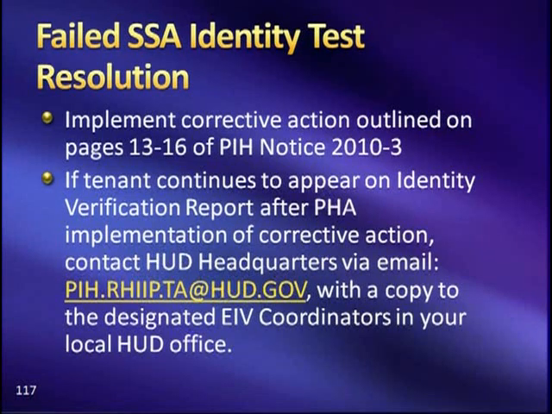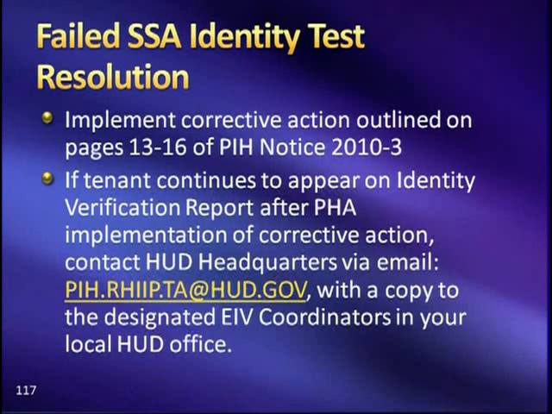Okay? Now notice here, and this is a new update. This is why this is updated EIV system training to provide you with new information. As I mentioned, we're working to help clean up any data issues. And so if a tenant continues to appear on your identity verification report and you have followed the guidance outlined in 2010-3, I want for you to notify HUD headquarters, which is me and my team here at Real Estate Assessment Center, via PIH.RHIIP.TA@HUD.gov with a copy to your designated EIV coordinator.